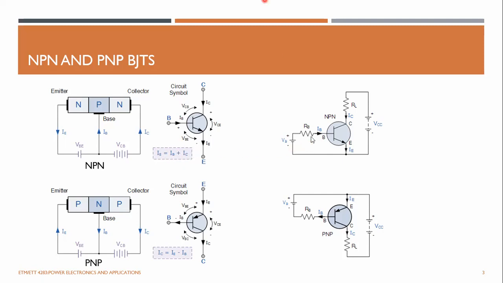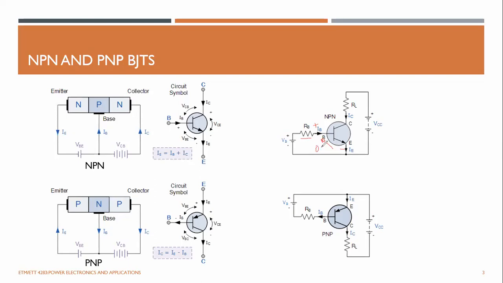Now, if you want to see how this works, in the NPN transistor you have to provide a positive supply here and a negative supply here. This could be done using a simple external battery with a series resistor. Once you feed this resistor, you get this voltage drop to 0.7 volts.